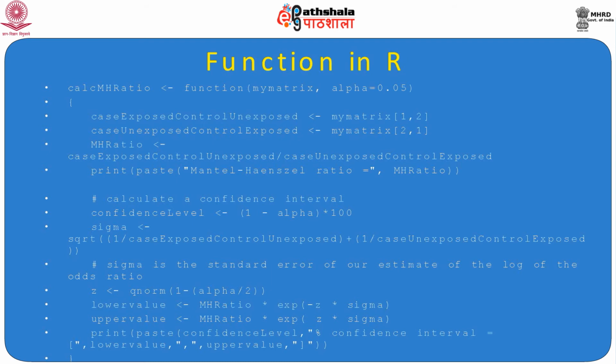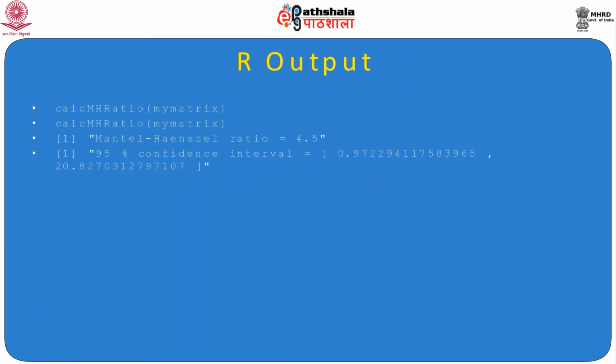The lower confidence interval is assigned as the MH ratio multiplied by exponential of minus Z multiplied by sigma, and the upper confidence interval as the MH ratio multiplied by exponential of Z multiplied by sigma. The results are assigned to print of paste confidence level with lower value and upper value. Now we will see what results come for my matrix.